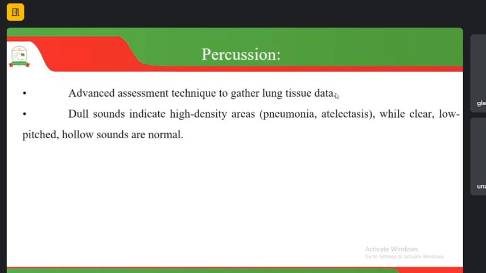This helps us gather information and is one of the techniques during our health assessment. Dull sounds indicate high density areas, maybe when a patient has pneumonia or atelectasis, while resonant, clear, low-pitched, hollow sounds are the normal ones. So when you percuss and the sounds are dull, it means this patient has a problem with the chest or lungs.